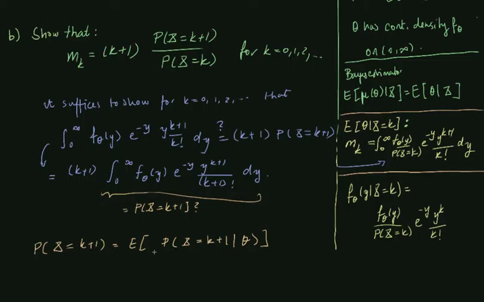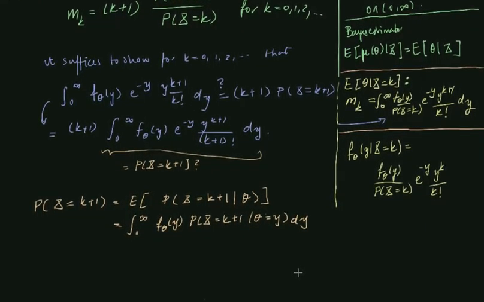Let me put in the density of theta since I am trying to find the integral of something where theta is the stochastic part. Then we multiply by the probability that x is equal to k plus 1 given theta, right? So given theta equal to y dy.